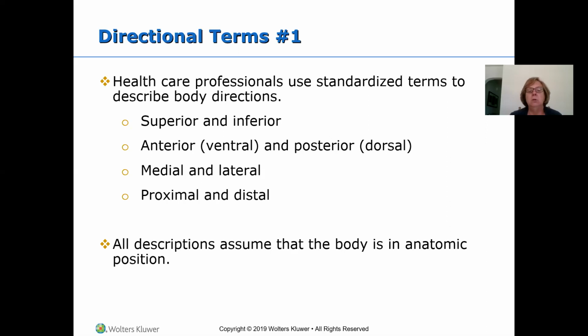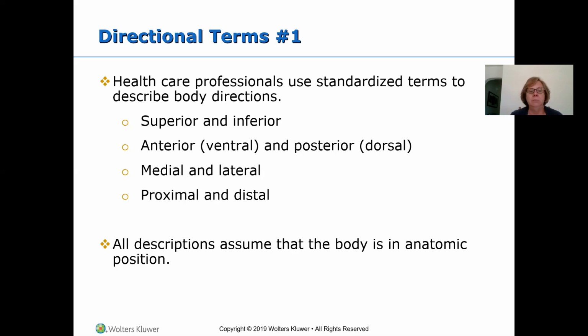Then we have medial and we have lateral. Medial is towards the midline of your body. So if you divide your body right down the center through your nose, that would be the medial. And then towards the outside, like your arms would be lateral to your navel.